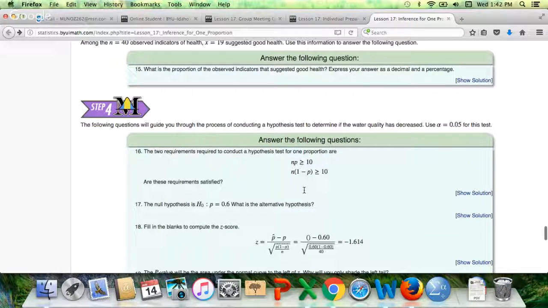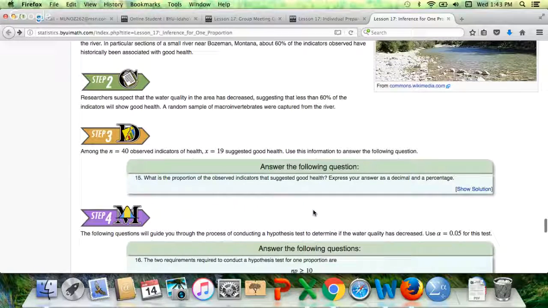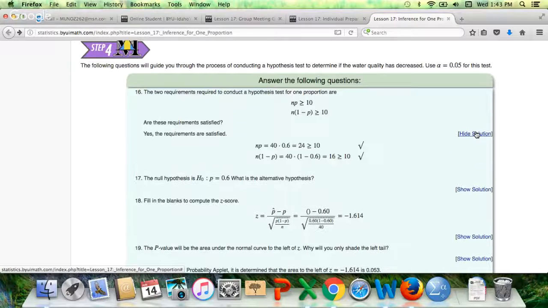Well, I think it should be 19 divided by 40. Yeah, which is 0.475. That's what I don't know. But where did they get the 0.60? What's the 0.60? That's their null hypothesis, P equals 0.6.